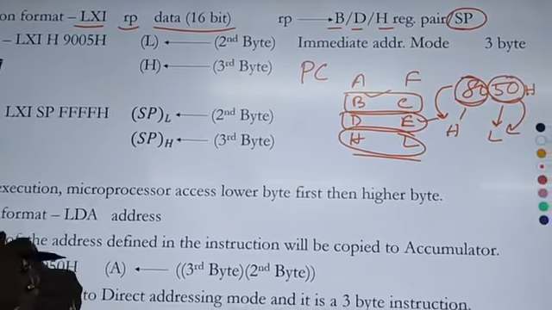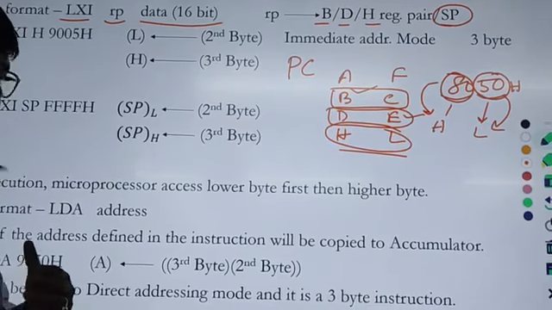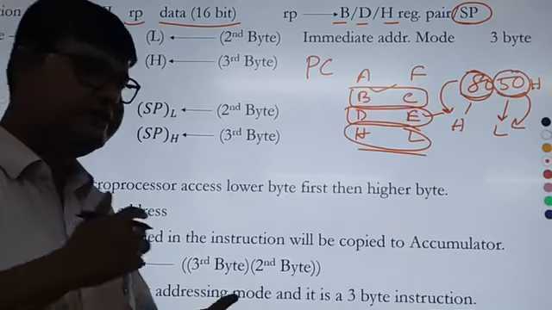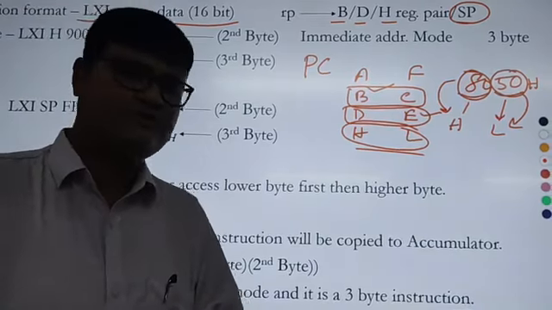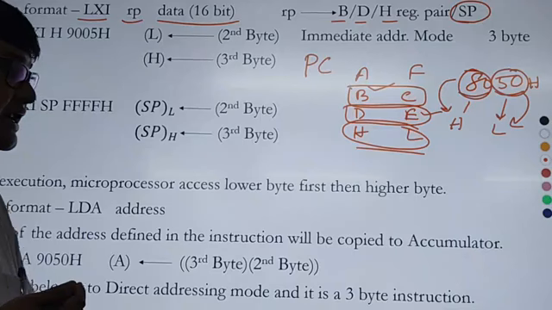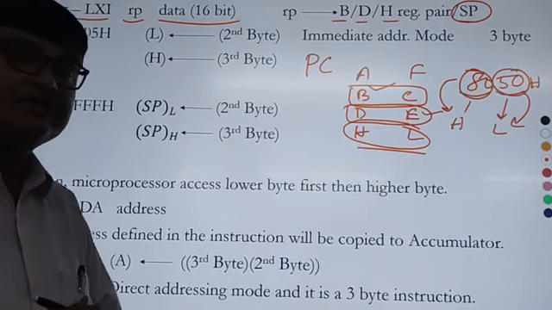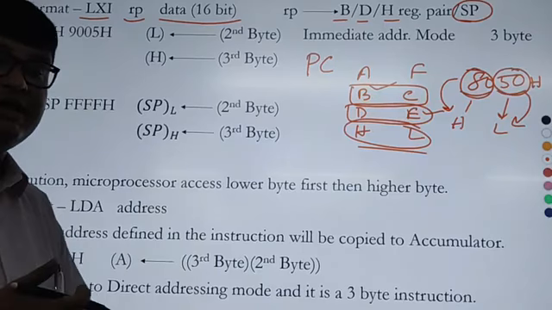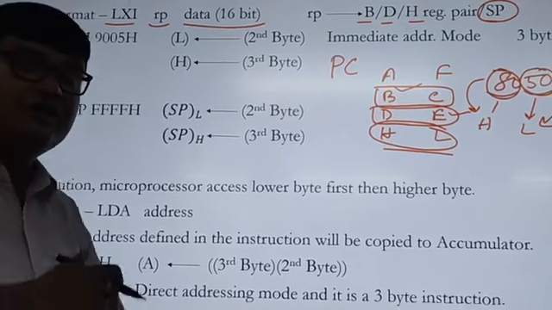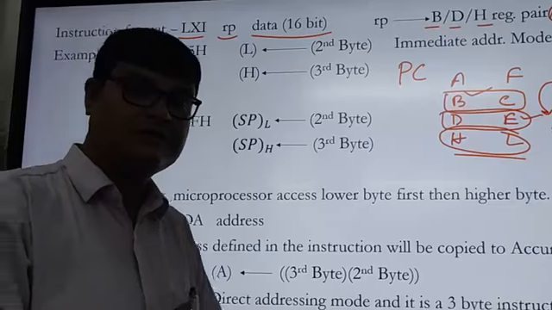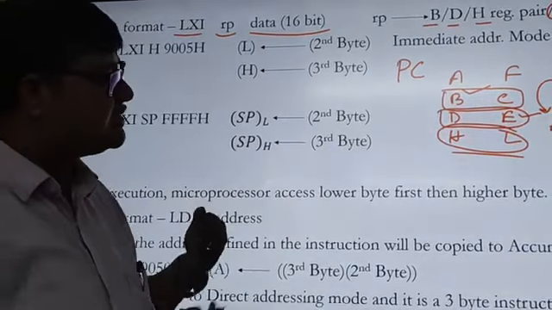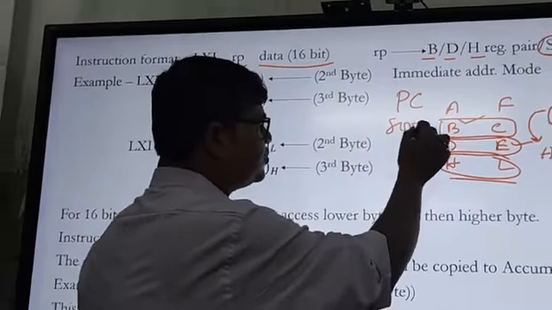And the microprocessor always executes in a forward pattern, like starting from 8000, say for example, then 8001, 8002, 8003, in this way. And how can it happen? When the microprocessor is accessing 8000, automatically the program counter holds the next address, 8001, by default. After the complete execution of 8000, the microprocessor will check what is the content of the program counter. It finds 8001, then goes to 8001.